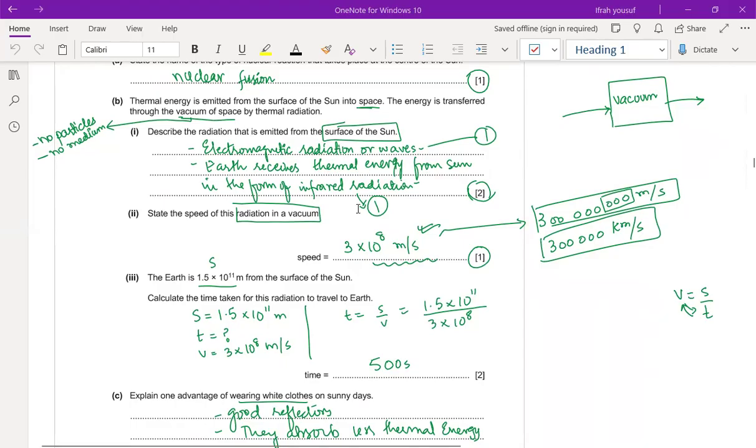Right. So there was a question that described the radiation that is emitted from the surface of the sun. So the process needs to be described here.